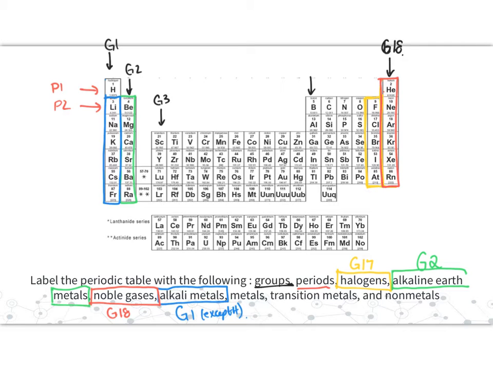Okay, the metals. Metals make up the majority of our periodic table. So we may want to talk about the staircase quickly first. The staircase on our periodic table goes something like this. Okay, sometimes you'll see staircases ever so slightly different, but that's okay. Around the staircase are some transition metals.